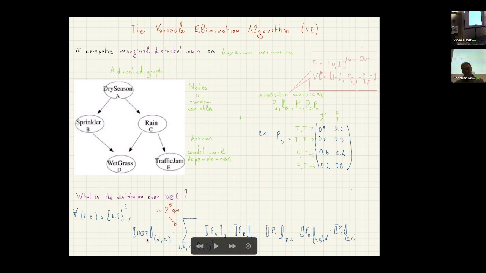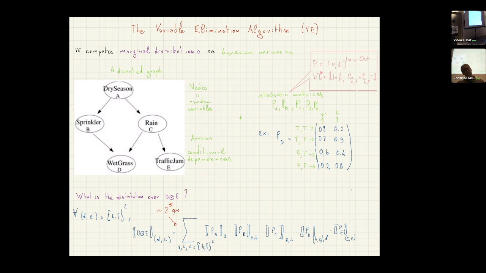So that's simple, nice, but it's a bit inefficient because you can check that it requires about 2 to the power of 5 basic operations. So it is essentially exponential in the number of nodes of the graph. So it's quite unfeasible for real-world models.